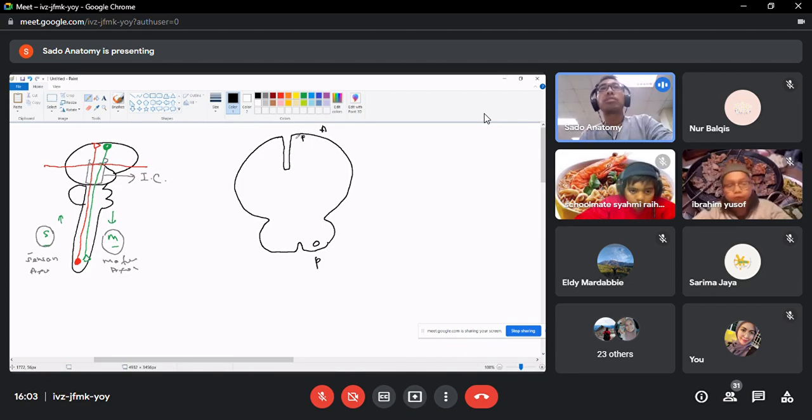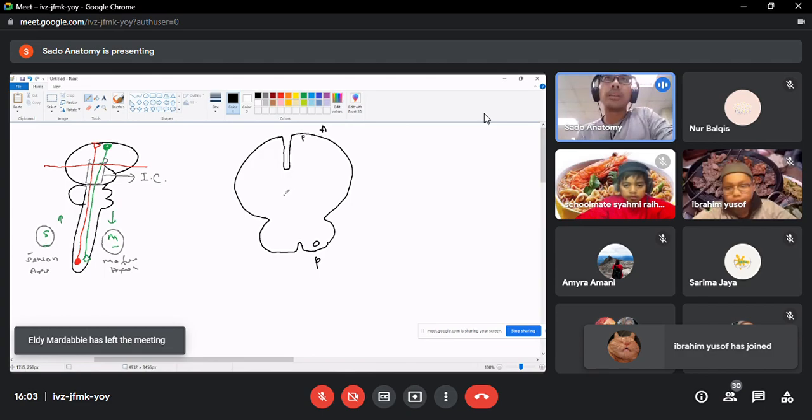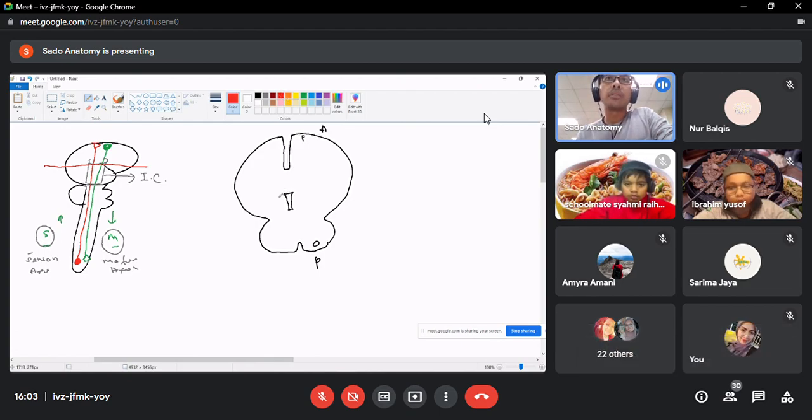Within the mass of the white matter, centrally you can see this cavity, which we call the third ventricle, and laterally you can see two masses of gray matter, bilaterally. Very good, this is your thalamus.